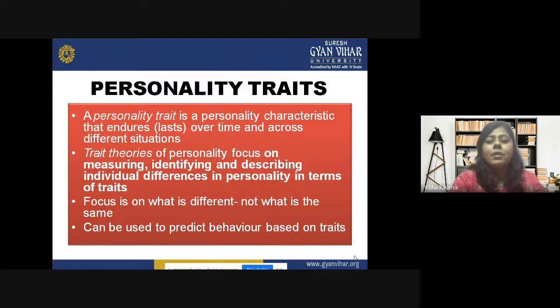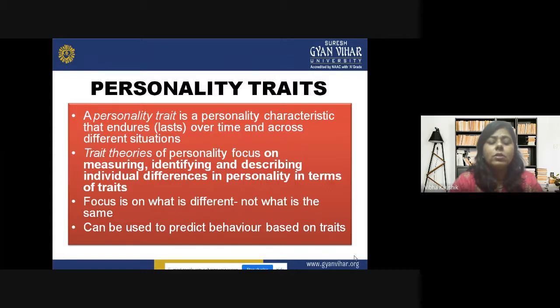Now, personality traits. A personality trait is a personality characteristic that endures over time and across different situations. Trait theories of personality focus on measuring, identifying, and describing individual differences in personality in terms of traits.